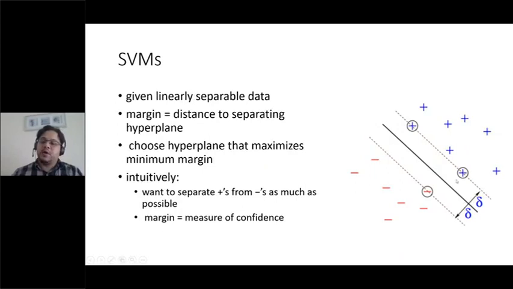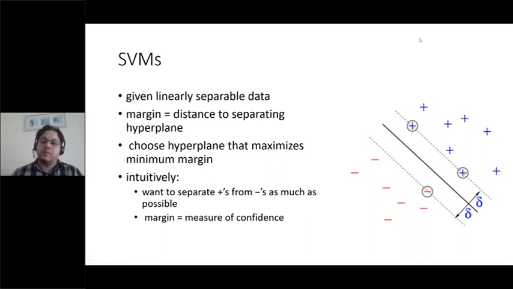And these points are called the support vectors, those that are connected to the margin borders. Here we have the margin borders, and we call these points the support vectors. They are the points that define the margin.